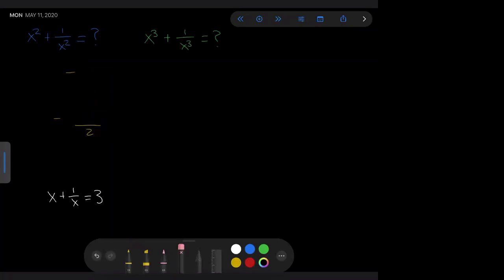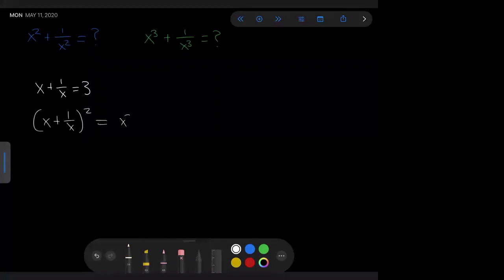What you can do is you can square the original expression. So let's do that. x plus 1 over x, squared. Now if we expand this, we get x squared plus 2 plus 1 over x squared is equal to 9. Now look at this.